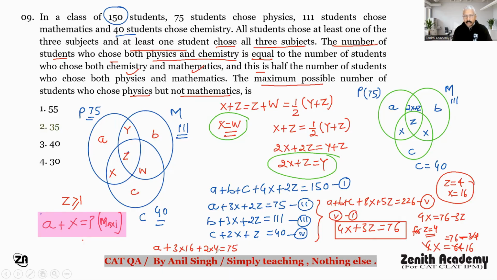So 48 and 8 is 56. 75 minus 56 is 19. This is the value of a.